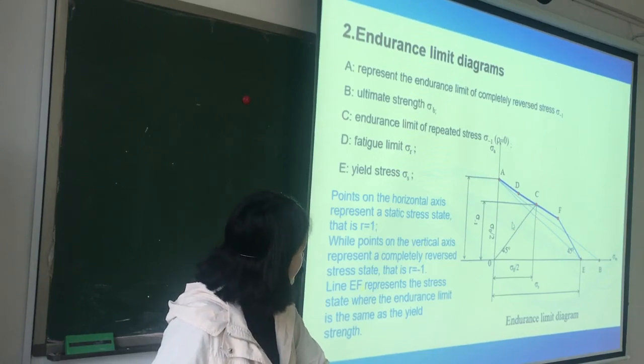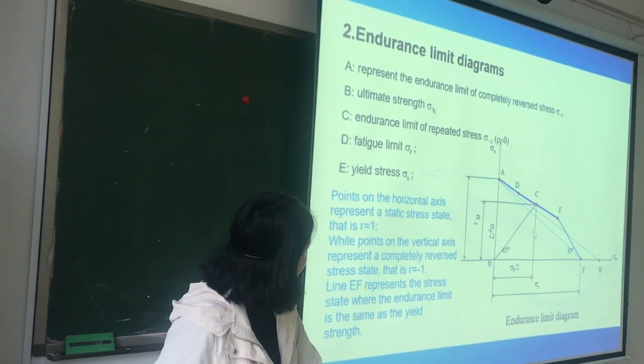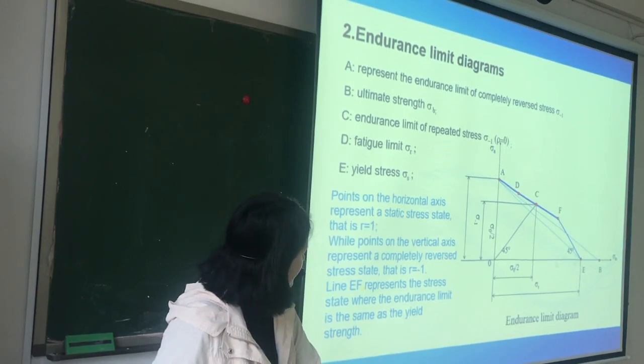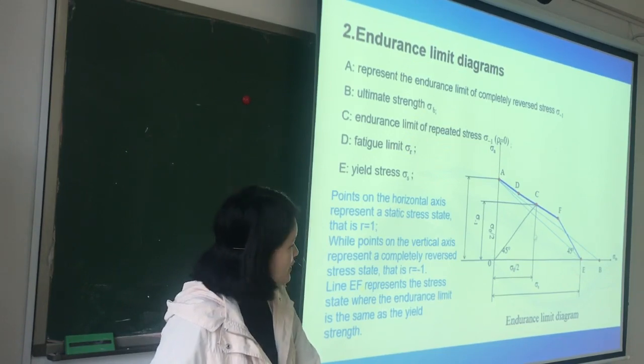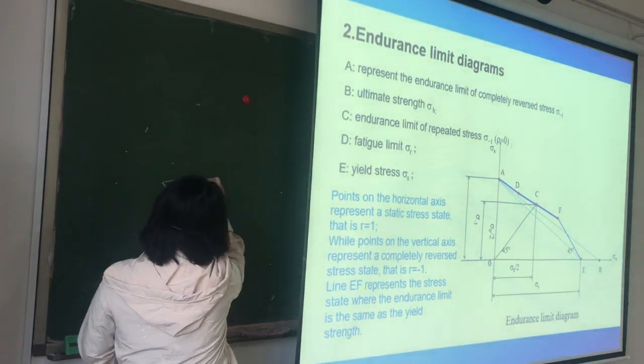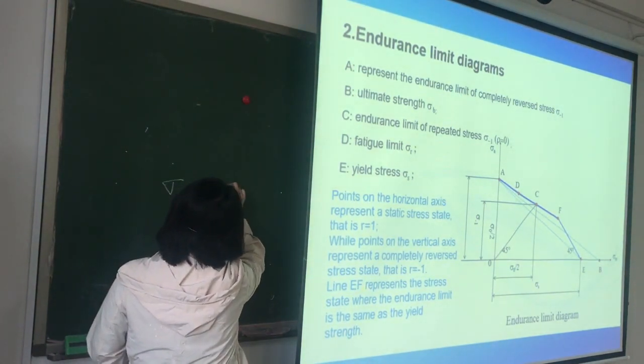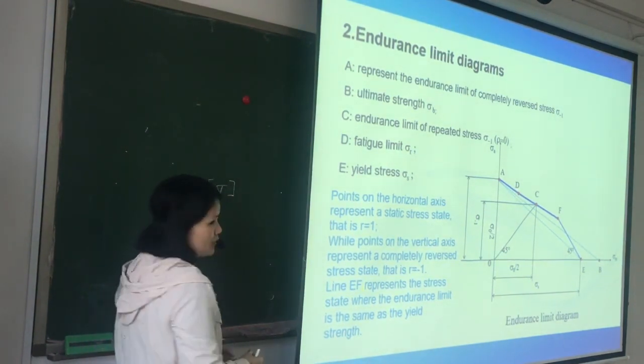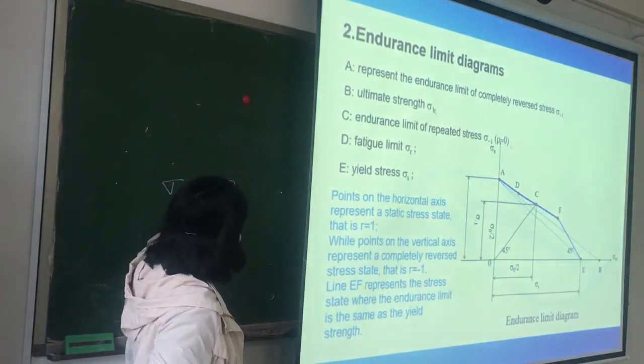And the points in the zone A, F, E, O, in this zone, the stress is less than the endurance limit. We can express it as sigma like this.